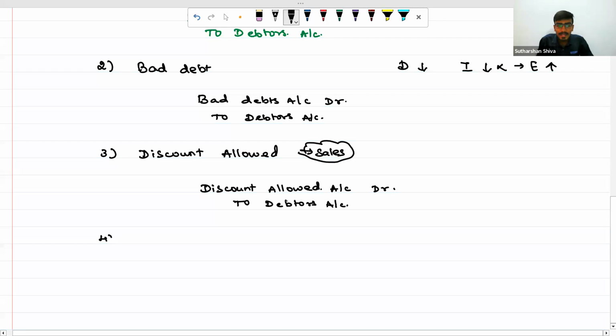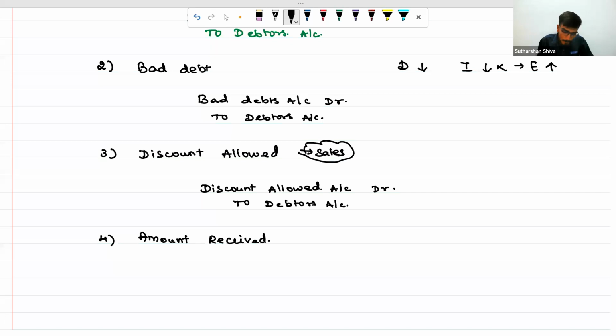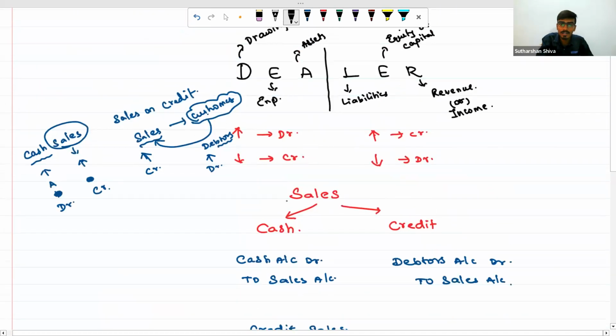Fourth one, there may be a possibility that I may receive partly some cash, partly some credit. At that time, if my amount is received, whether I receive cash or receive it through bank, my cash and bank balances will increase. If it increases, as far as the modern approach is concerned, I can do the debit.